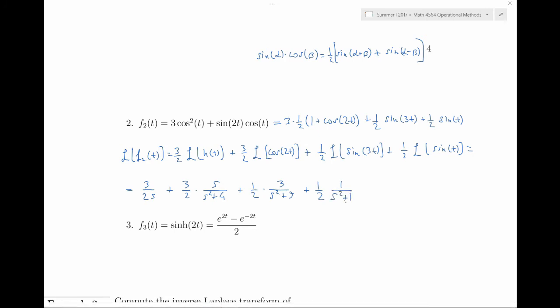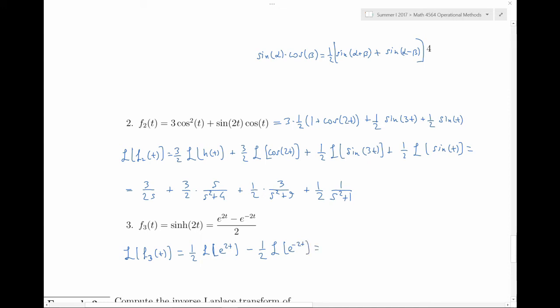Alright, the last function we're going to consider is this hyperbolic sine. So it's not a sine, it's a hyperbolic sine with the h at the end. And it simply means it's this linear combination of exponential functions. Well, that's just going to be 1/2 the Laplace transform of e to the 2t minus 1/2 the Laplace transform of e to the minus 2t.